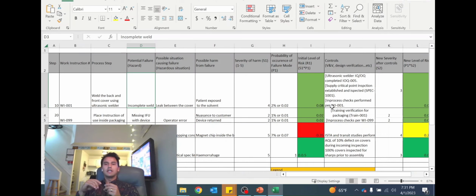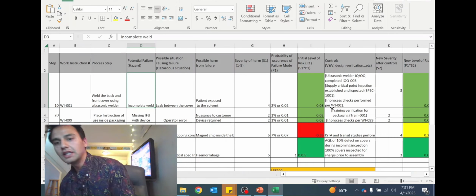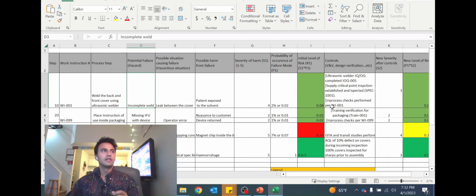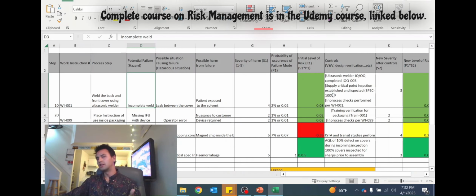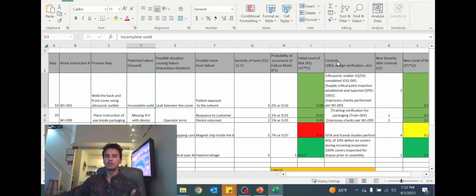Now we're checking our product. And not only that, now we also have in-process checks on manufacturing. We have a batch record form that asks, hey, were the back cover and the front cover welded properly? Did it leak any water, right? So we have all these controls that we placed. And why do you need control?